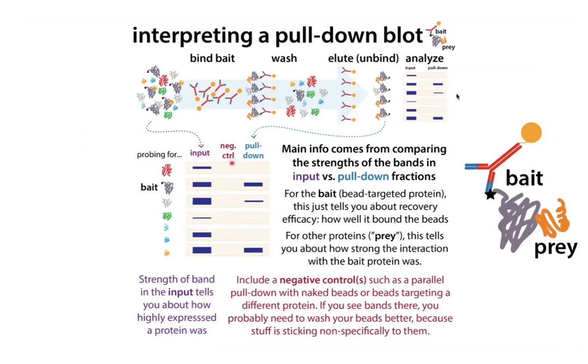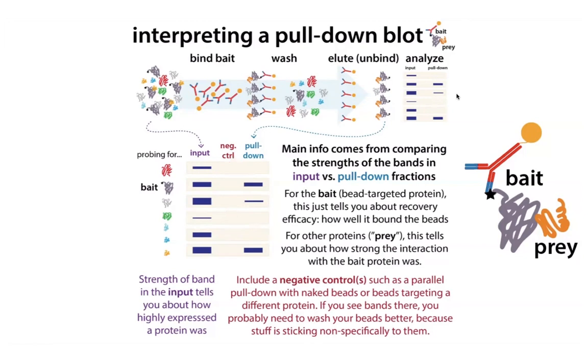It's also important to have a negative control. This might be a pull down with naked beads, so beads without antibody bound, or beads with an antibody for something that you know is not in the mixture, such as something for a mouse, or targeting a different protein that you're not looking for. This is important to show that your antibody is actually specific and your washes are sufficient.